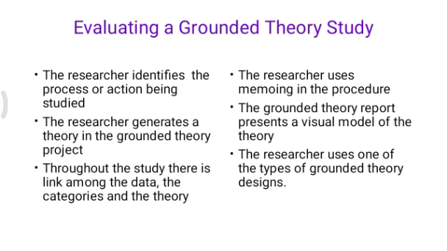The first one is the researcher identifies the process or action being studied, and then the researcher generates a theory in the grounded theory project, and then throughout the study there is a link among the data, the categories, and the theory, and the researcher uses memos in the procedure. Next, the grounded theory report presents a visual model of the theory, and the last, the researcher uses one of the types of grounded theory design.